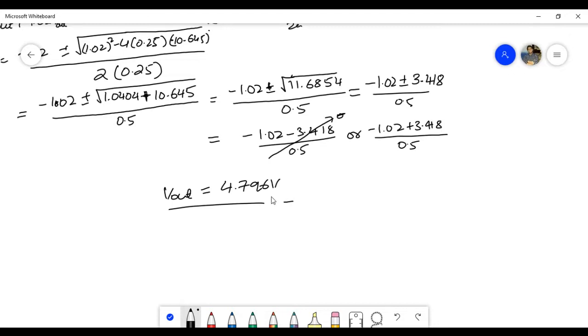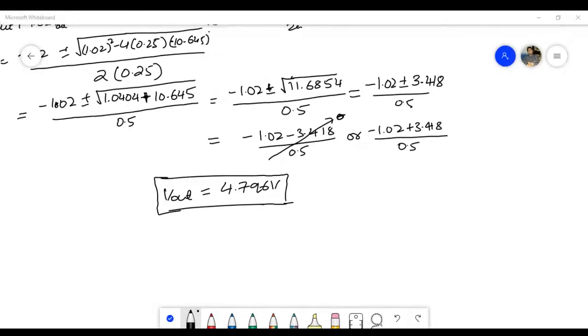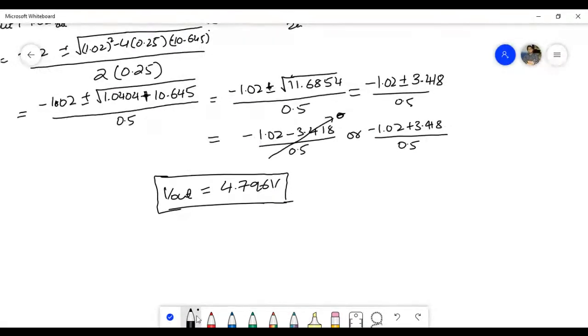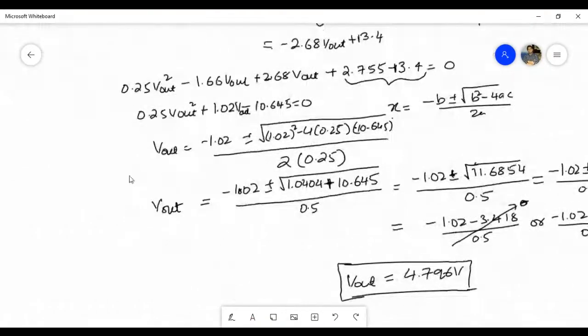Doctor, why do we cancel the negative? Because you don't have a negative voltage here. Negative voltage can be ignored, okay? So where do we start this thing?